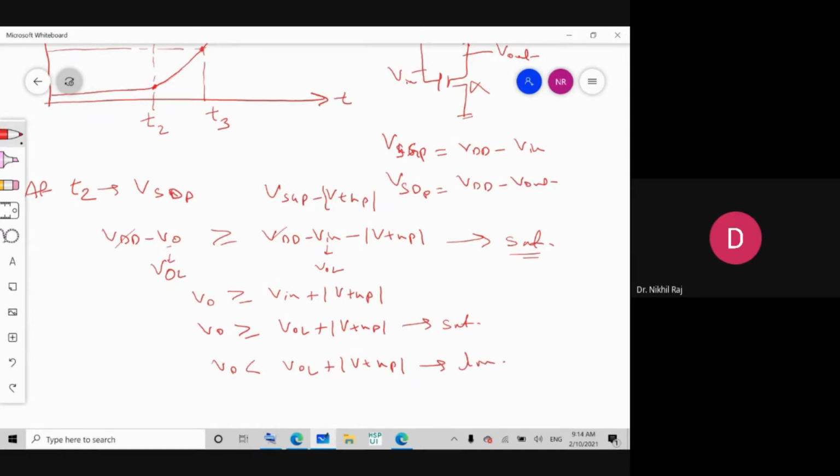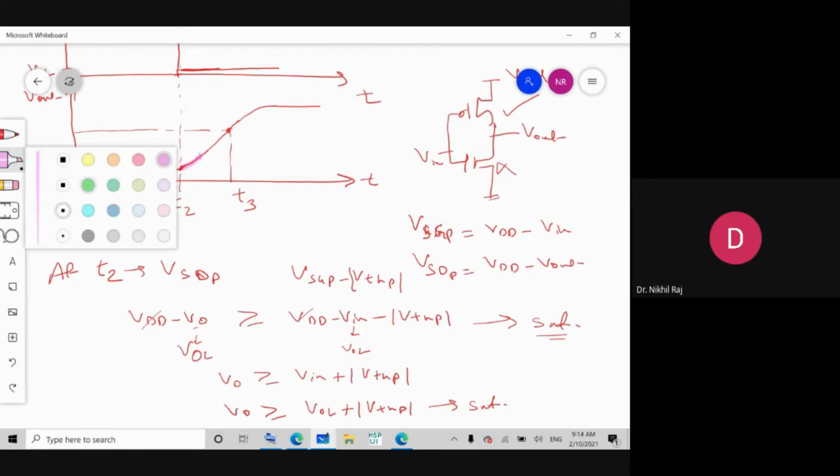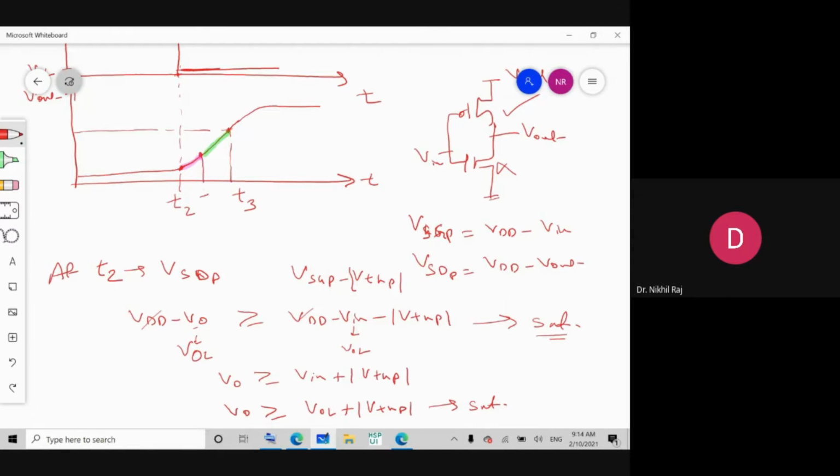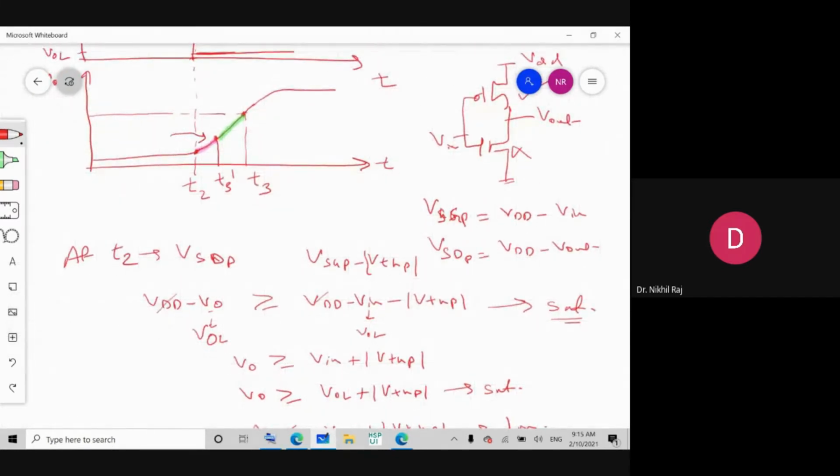So definitely from here we can say from here to here will be one region of operation, and from here to here another region. Let's name this point T3 dash.